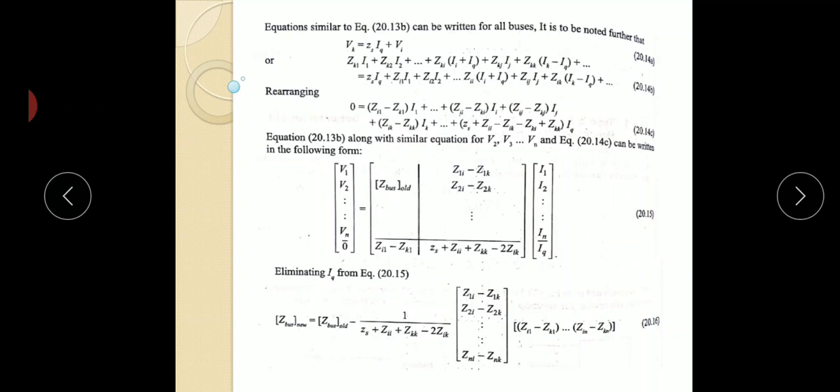Eliminating Iq from the above equation, we have Z bus new equal to Z bus old minus 1 upon (Zs plus Zii plus Zkk minus 2 Zik) times the column Z1i minus Z1k, Z2i minus Z2k up to Zni minus Znk, into the row Zi1 minus Zk1 up to Zin minus Zkn. So this is a very important equation 20.16 after the type 4 modification.